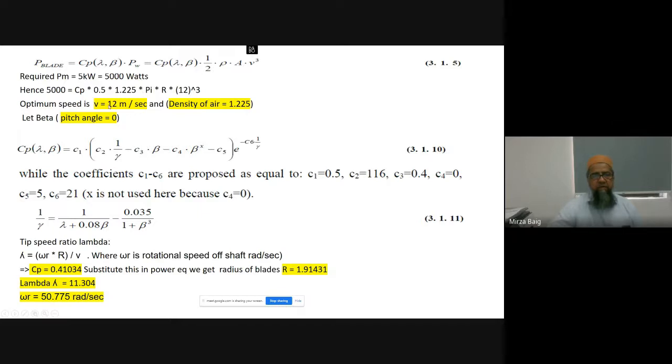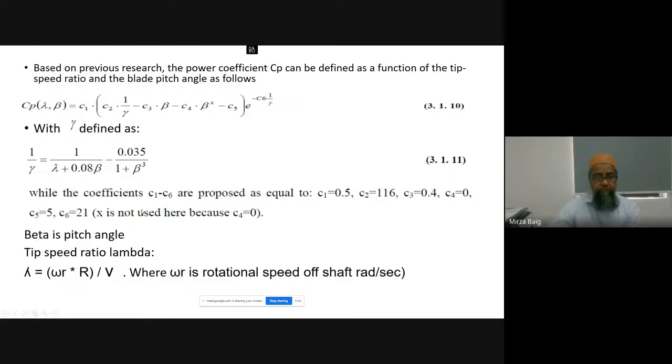So we need to find Cp and we need to find R. In order to find Cp, it is a function of 1 over lambda and beta. Beta we keep as 0. So we can find 1 over lambda, and lambda is omega r over v.